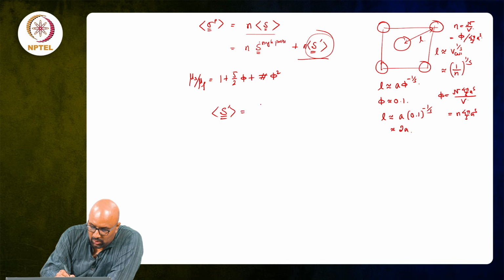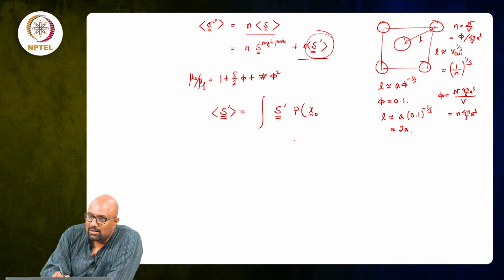what I need to do is find the disturbance stresslet from one particle on the other and then average it by saying that let me place this sphere at x naught.